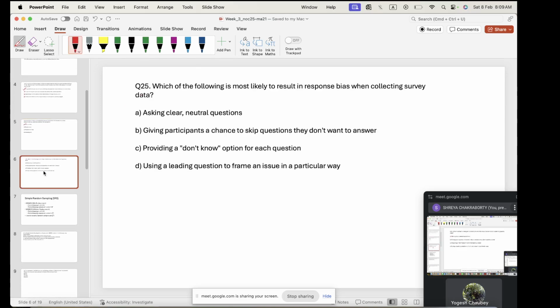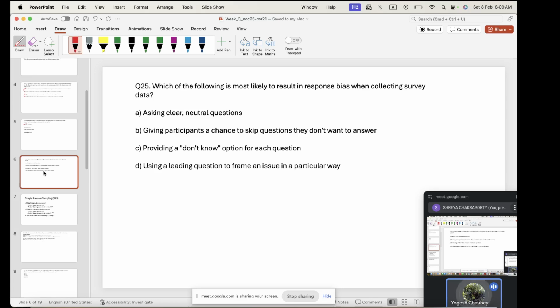Which of the following is most likely to result in response bias while collecting survey data? Asking clear neutral questions, giving participants a chance to skip questions that they don't want to answer, providing a don't know option for each question, using a leading question to frame an issue in a particular way.